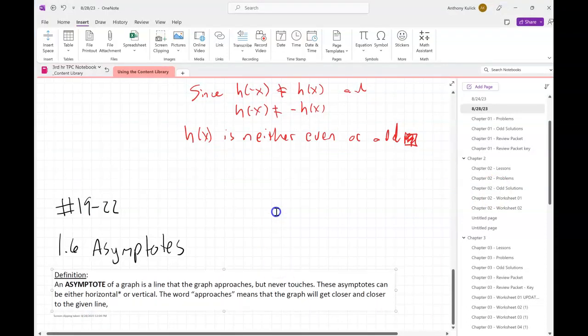We say that an asymptote of a graph is a line that the graph approaches but never touches. These asymptotes can either be horizontal or vertical. When we say approaches in mathematics, what we mean is that the graph will get closer and closer and closer to that given line, but won't actually ever get there.